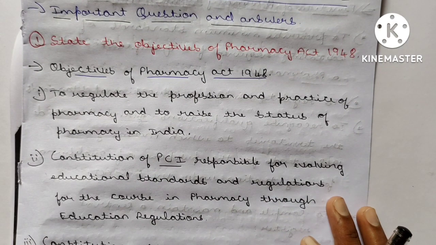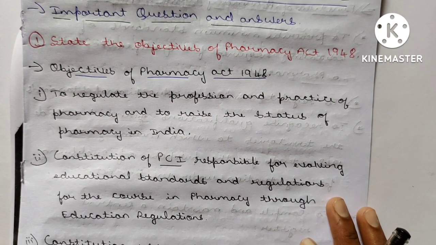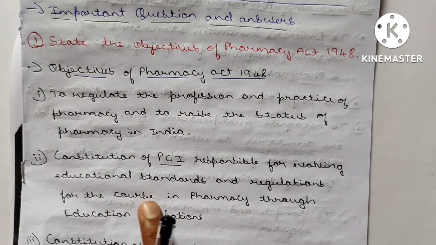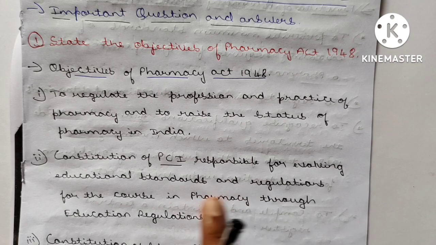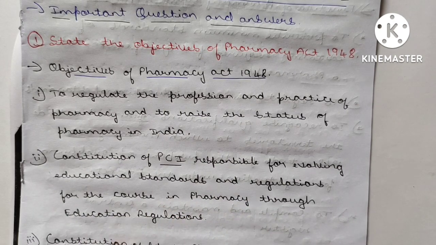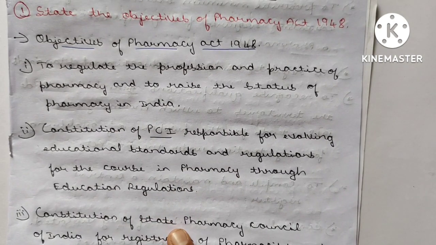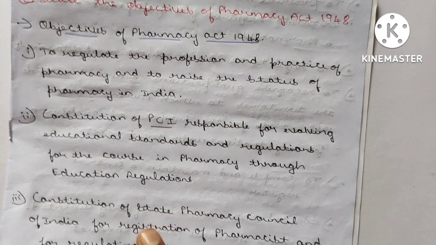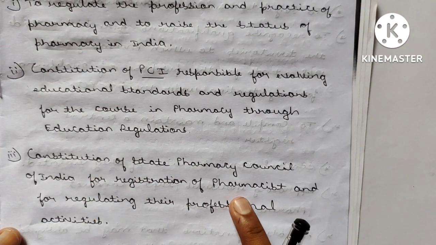Then the constitution of the PCI, Pharmacy Council of India, responsible for evolving educational standards and regulations for the course in pharmacy through education regulations. They are responsible for evaluating these educational standards. They are giving good standard qualification and education. Then the constitution of the State Pharmacy Council.